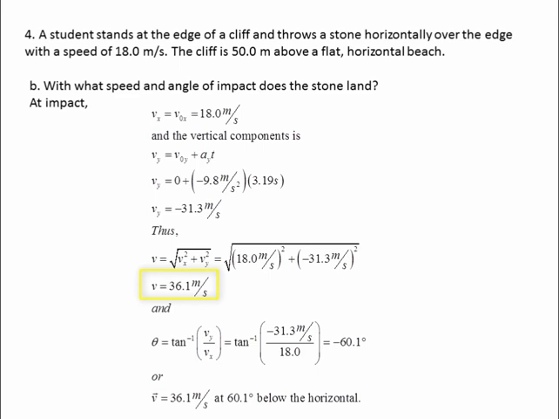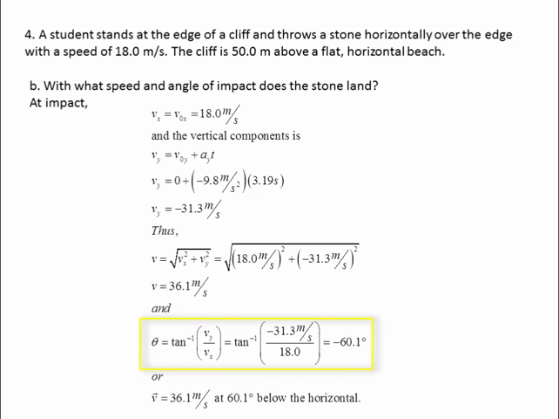Now we need to solve for the angle because they've asked for the angle of the impact. We're going to use our relationship that says the tangent of theta is equal to the velocity in the y direction divided by the velocity in the x direction. I can take the inverse tangent of both sides of that expression so that now I have just the angle by itself.